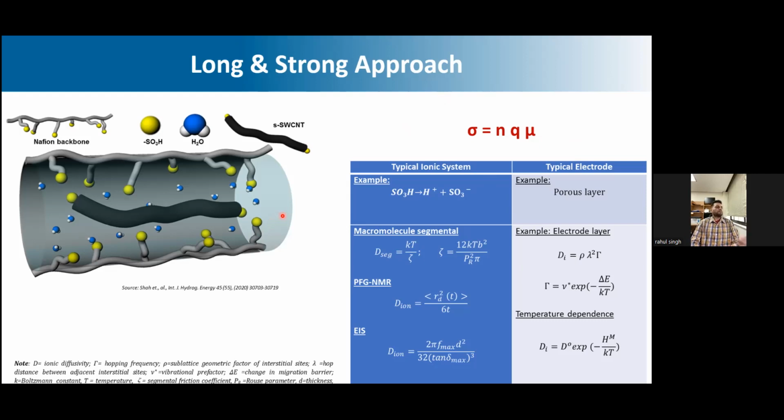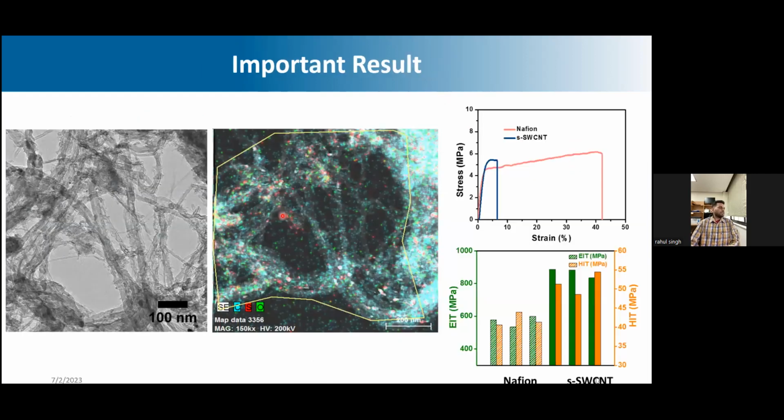And after introducing single wall carbon nanotubes into the polymeric system, we observed that the pristine Nafion membrane, the ion conducting membrane, had very good tensile strength and very good strain.